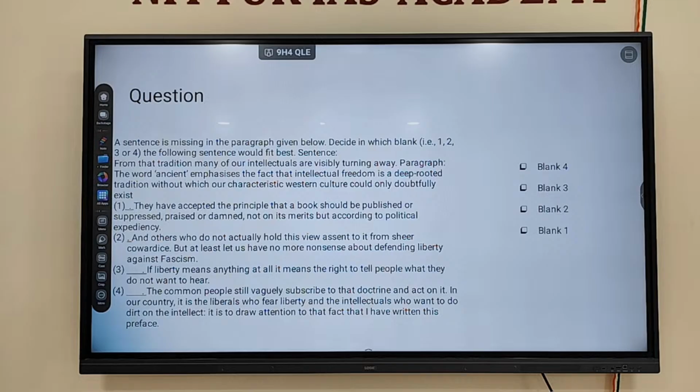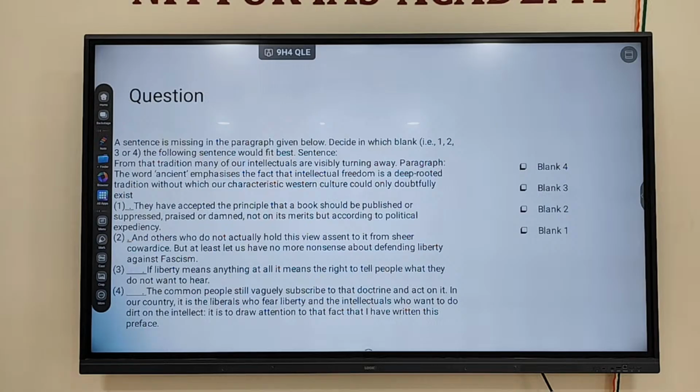Okay, from that tradition, many of our intellectuals are visibly turning away. Then one more sentence says that the word ancient emphasizes the fact that intellectual freedom is a deep-rooted tradition without which our characteristic Western culture could only doubtfully exist.